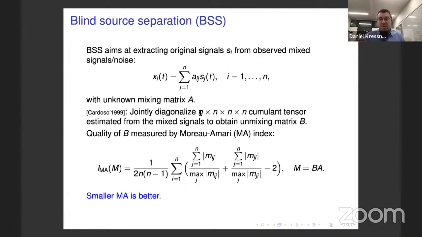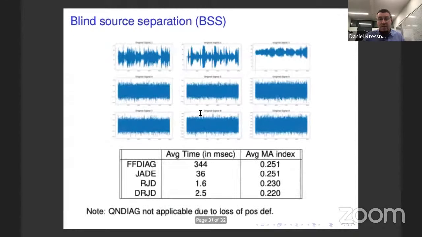Under certain assumptions, you can show that the slices commute if these modeling assumptions hold. And then you can diagonalize these commuting matrices in order to obtain the unmixing matrix B. And the hope is once the modeling assumptions are not satisfied anymore, you are still going to get a good estimate. So we generated some signals here.